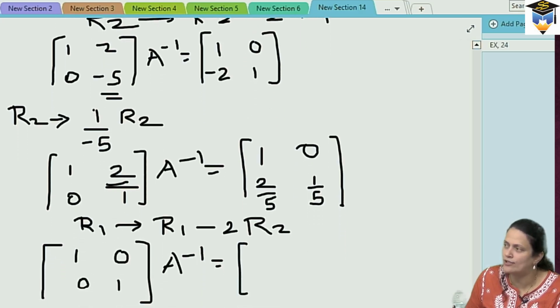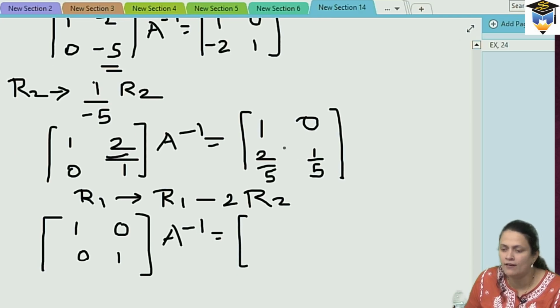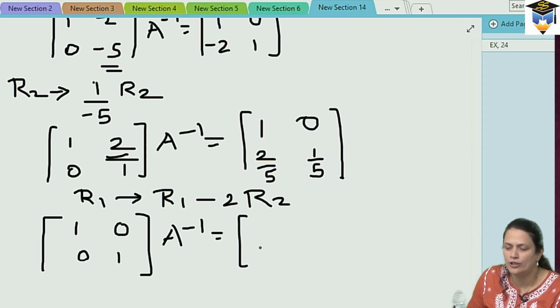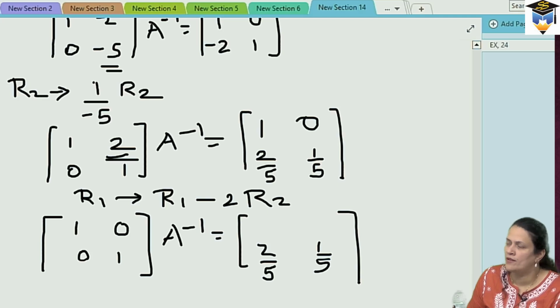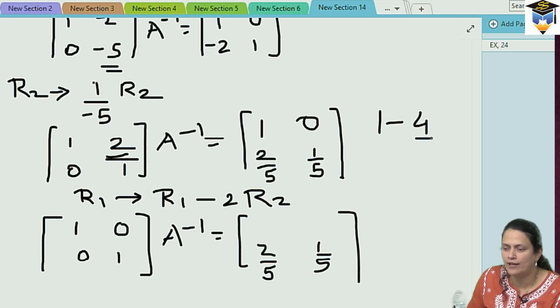Row 1 is going to change and row 2 will remain as it is. So R1 minus 2R2: minus 4 by 5, so that is 1 by 5.